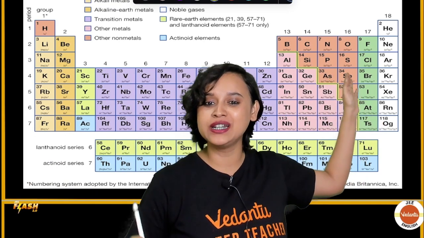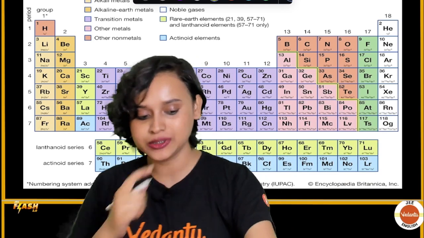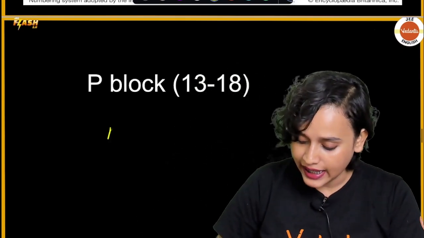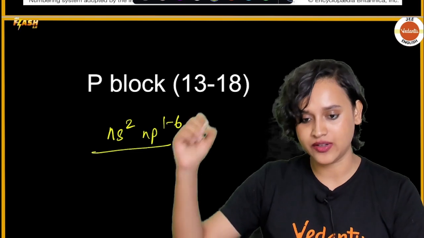From the boron family to your noble gases, they are all included in the P block, and we all know that the general electronic configuration of the P block from group 13 to 18 is ns2 np1 to 6.